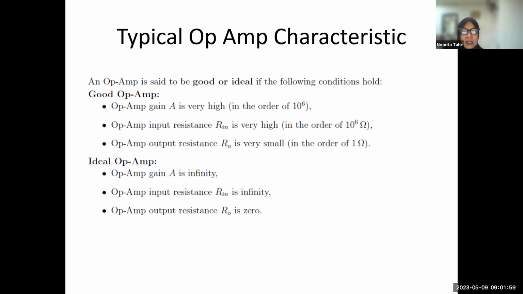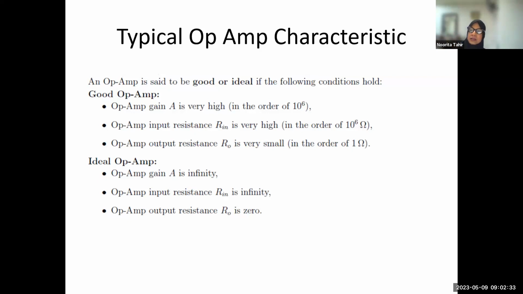A good OPM, if you want to do some troubleshooting, one thing we have to ensure is that it can actually amplify, which is it has a very high voltage gain, maybe in the order of 10 to the power 6, and the input resistance is high as well, whereas the output resistance is low or small, which is to ensure that all the signals being amplified are sent to the output. Those are the three indicators of a good OPM.